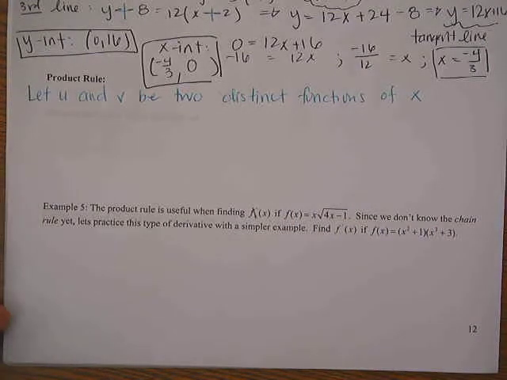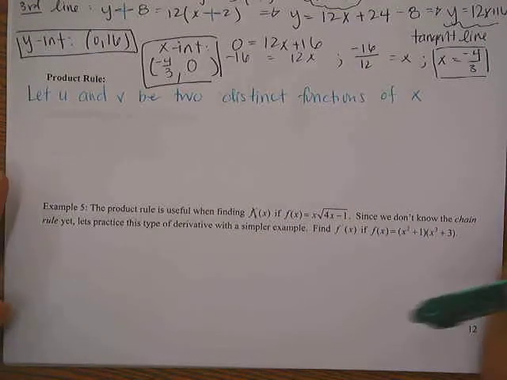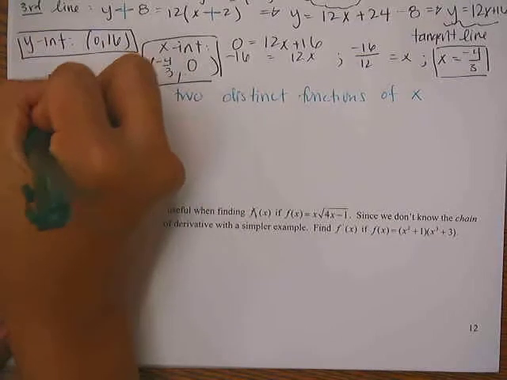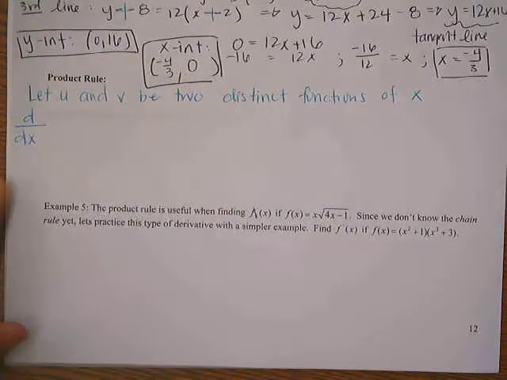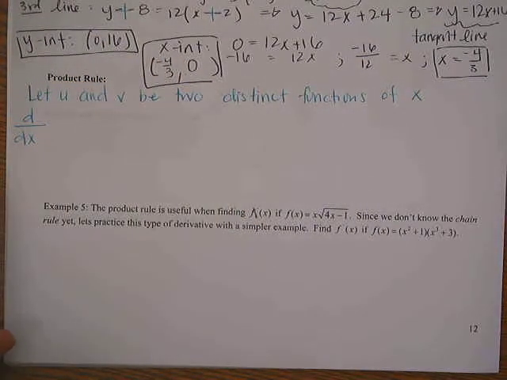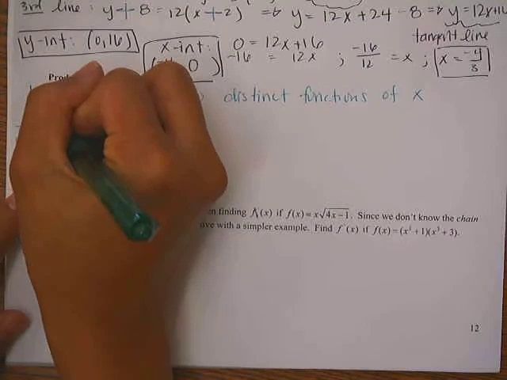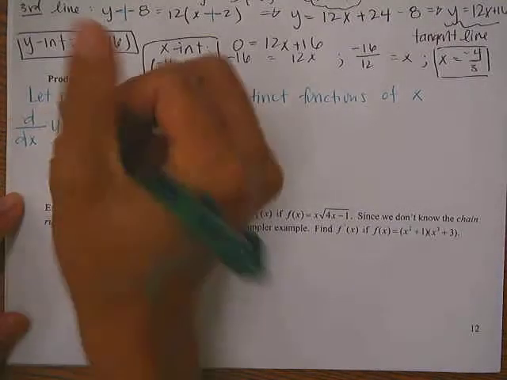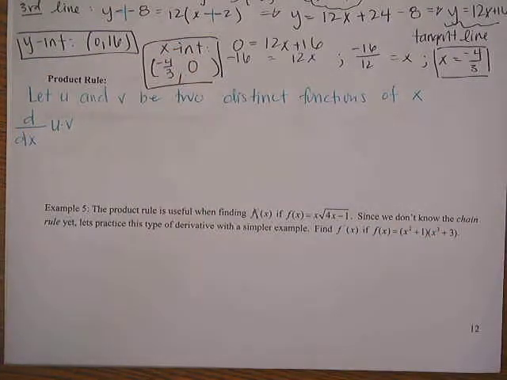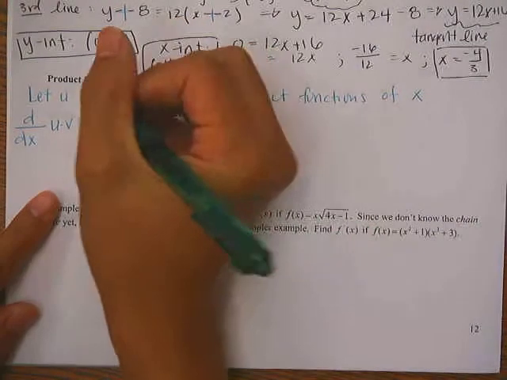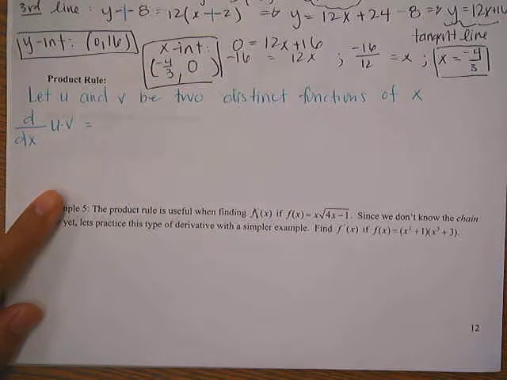That means with respect to the x variable. Then d over dx, the derivative with respect to x of the product, I'm going to take the u function times the v function, or you can just write u, v next to each other, equals, here we go.